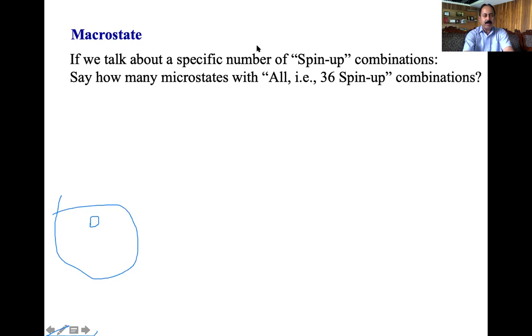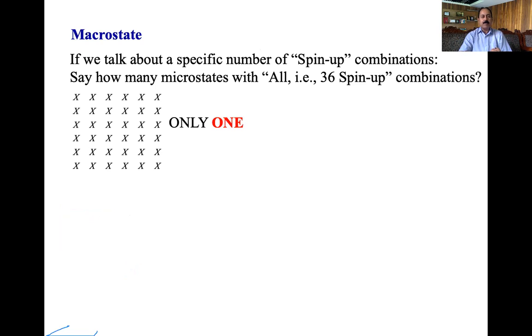Say for example, we have 36 particles, all up. How many ways can we arrange this? Simply, you can see here, all particles are spin up. So there is only one way you can put this.